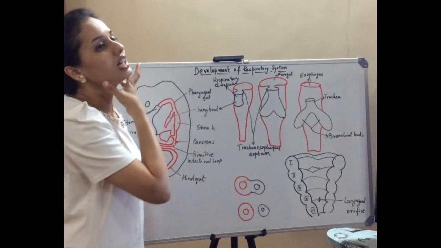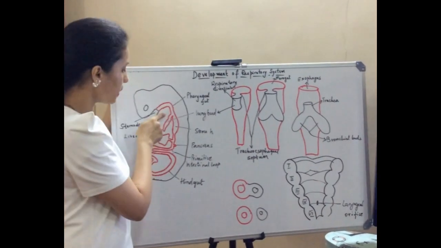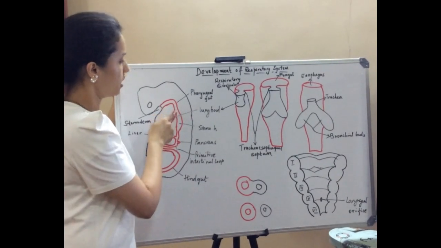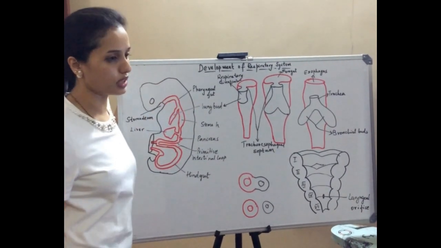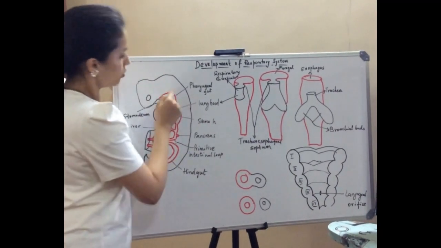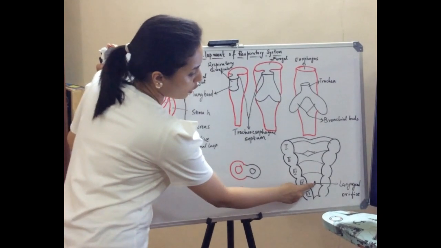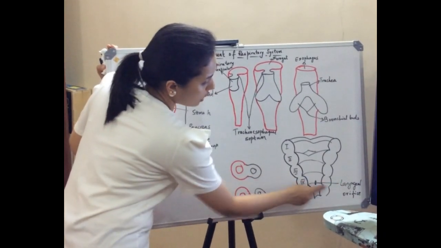It gives rise to the structures present in the neck and also the pharynx. So the respiratory diverticulum, though separated from the developing esophagus, has a connection with the developing pharyngeal apparatus, the pharynx, through an orifice called the laryngeal orifice.